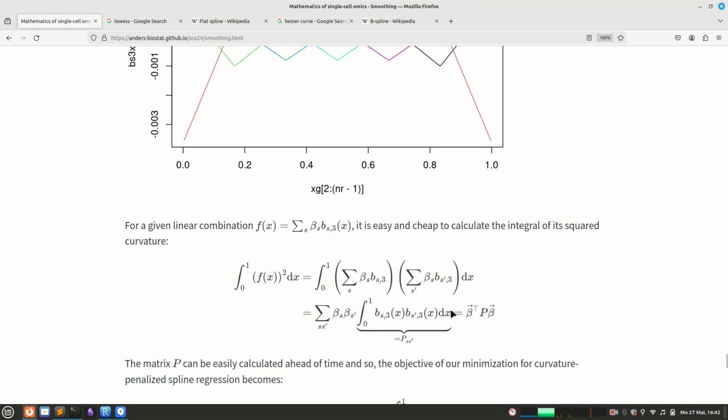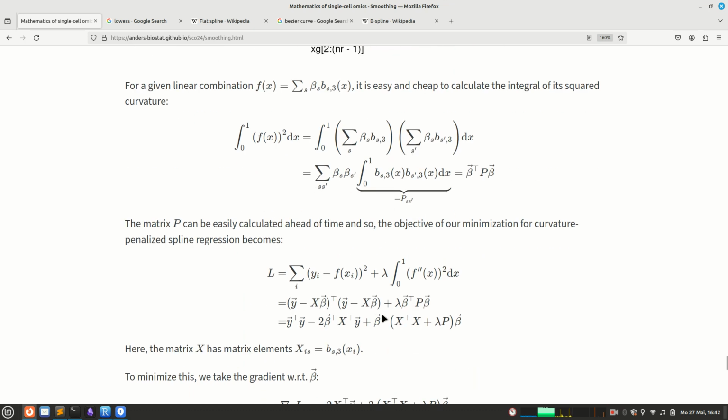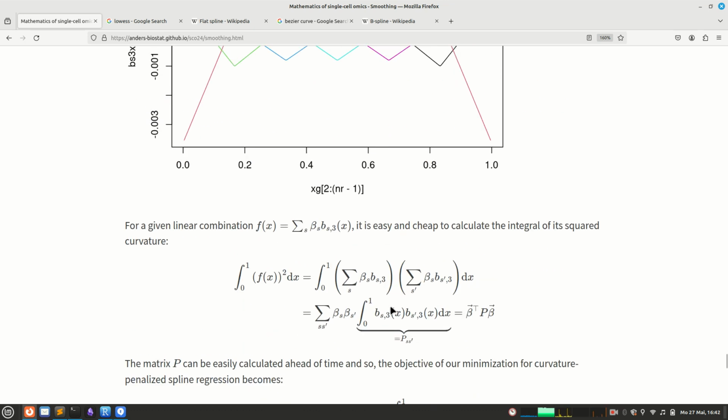And here we have this integral, which is the integral of the product of one second derivative with another second derivative. So BS3 is now supposed to be the second derivative of basis function S. I somehow have written this here stupidly wrong. So again, imagine here the two missing primes and here the two missing primes.